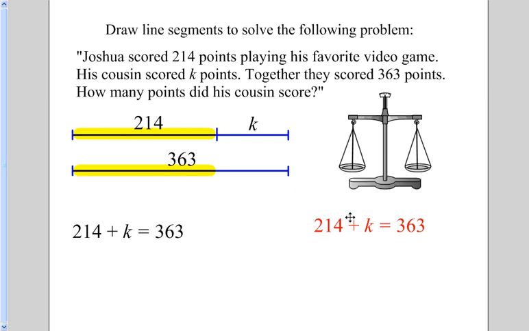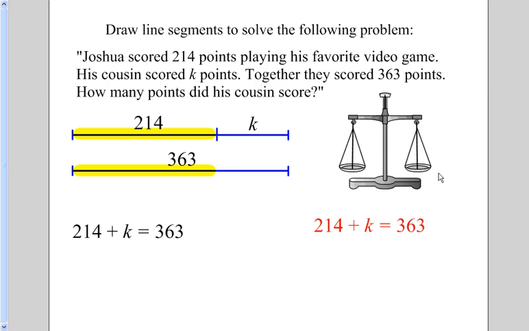Here the idea is everything on the left-hand side of the equal sign is over here, and everything on the right-hand side of the equal sign is in this little bucket over there. If you add something to one side, you have to add the same amount to the other side to keep it balanced. Or if you're subtracting something from one side, you have to subtract the same amount from this side to keep the scale balanced.